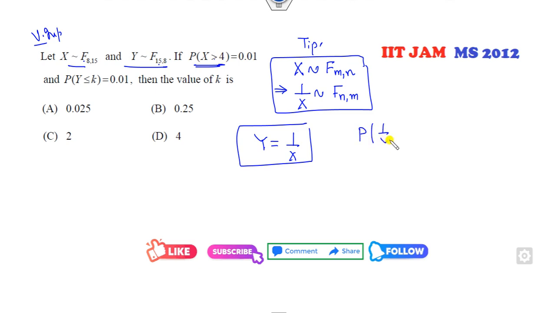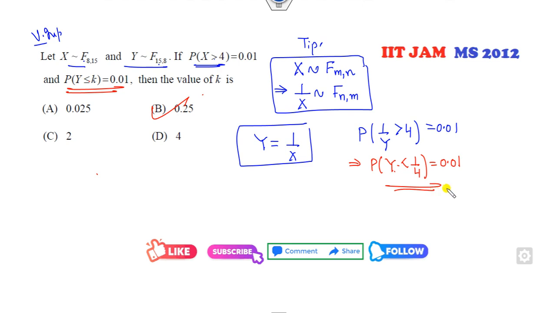I can substitute X as 1 over Y, greater than 4 is 0.01. What is the value of Y? Y is less than 1 by 4 is my 0.01. Now you can compare them. K will be 1 by 4. If you compare this equation with here, within 2 lines you can get your answer.